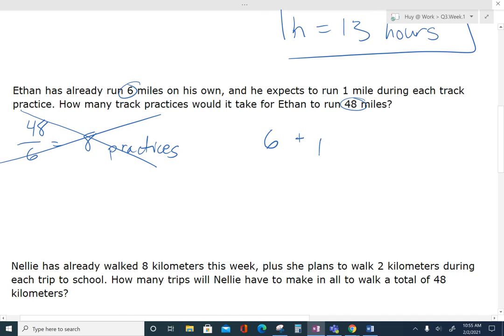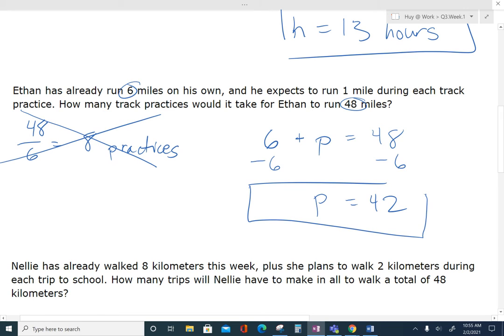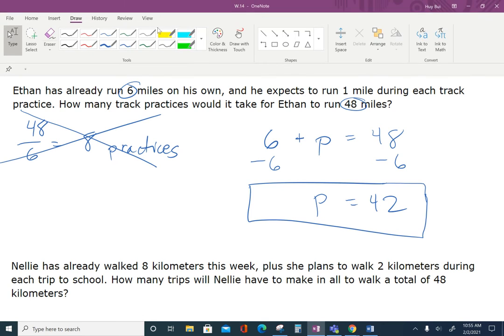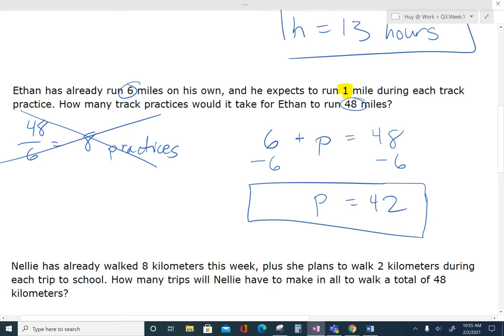So I'm just going to write p. How many track practices would it take for Ethan to run 48 miles? He's going to have 48 total miles, but he's already run 6. So if we subtract 6 from both sides, he's going to need 42 more practices to get to 48 miles. And that's because he's only running 1 mile every practice.